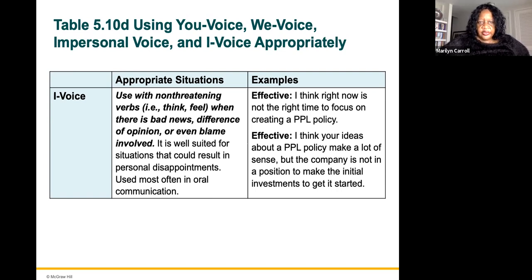Okay, here you go. So use with non-threatening verbs like think, feel, when there is bad news, difference of opinion, or even blame involved. It is well suited for situations that could result in personal disappointments, used most often in oral communication.